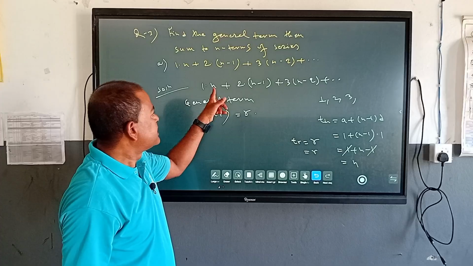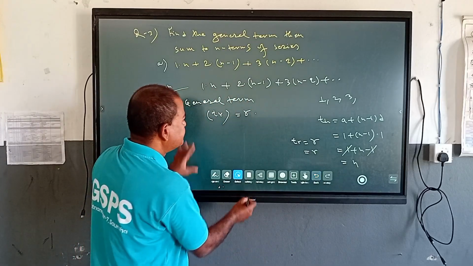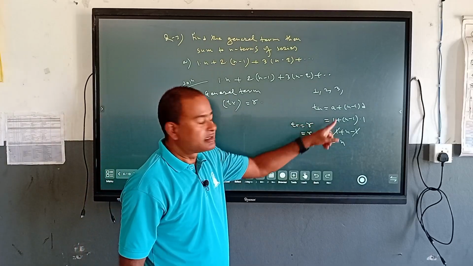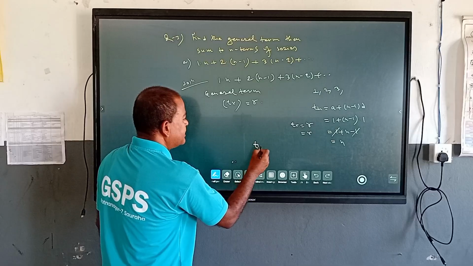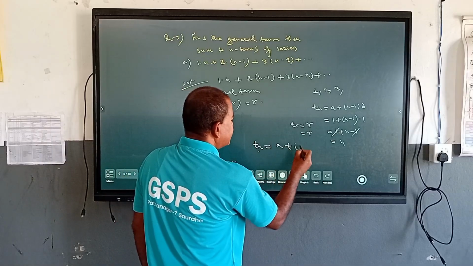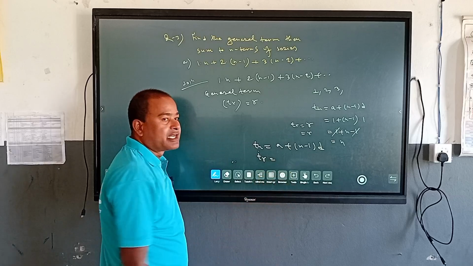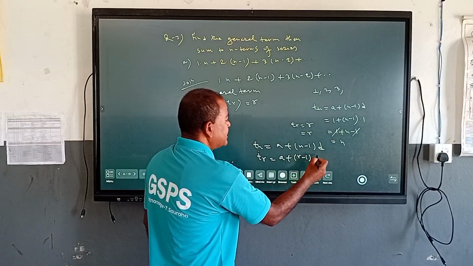Now let's find out the general term of n, n minus 1, n minus 2. Dear students, again using the formula of Tn equals a plus (n minus 1) times d. So n we have replaced by r: Tr equals a plus (r minus 1) times d.